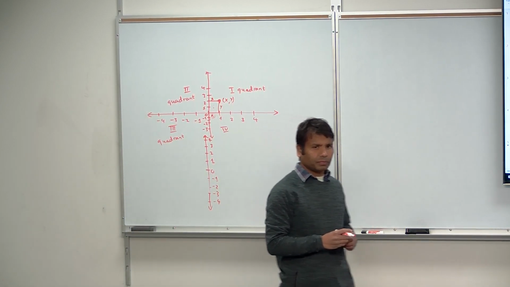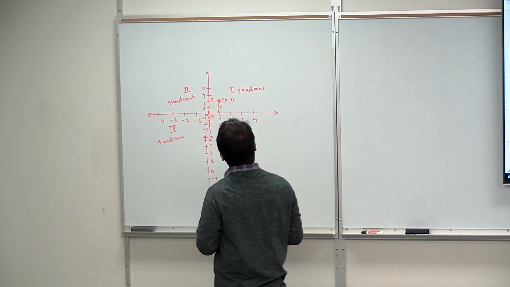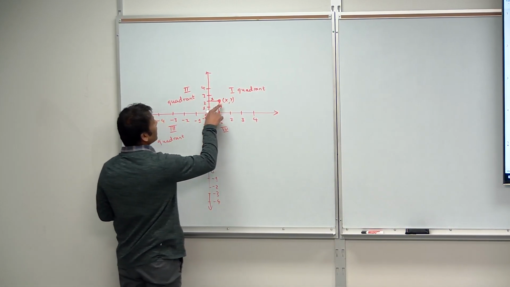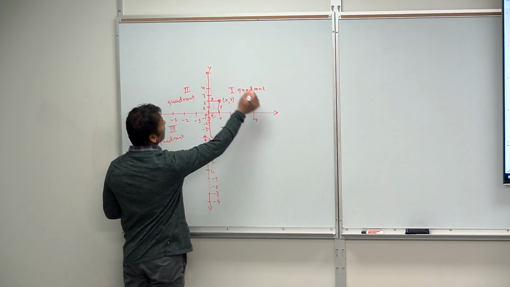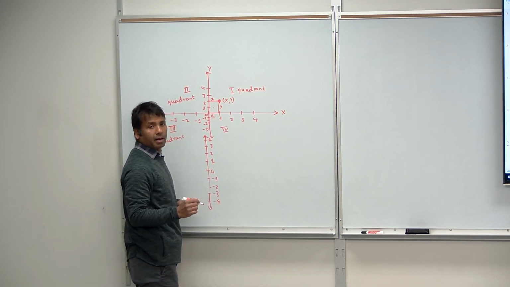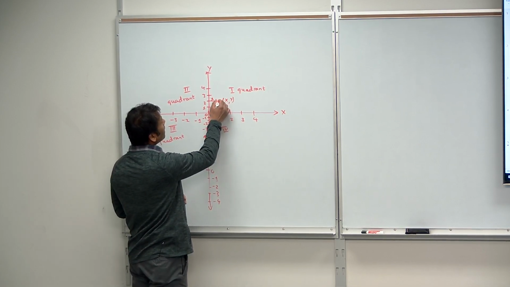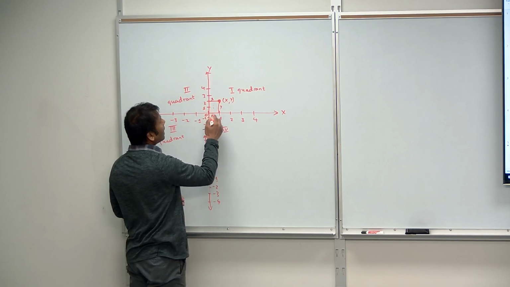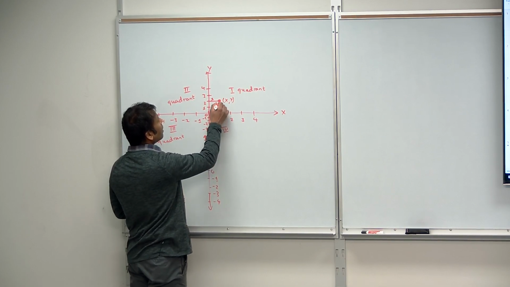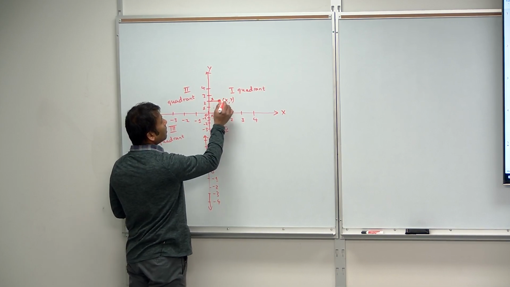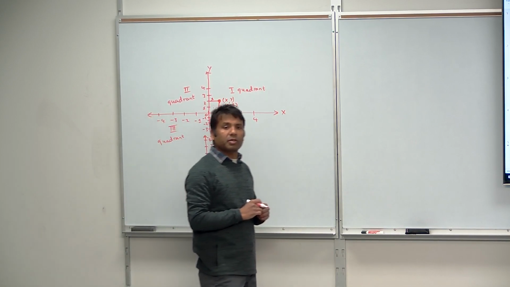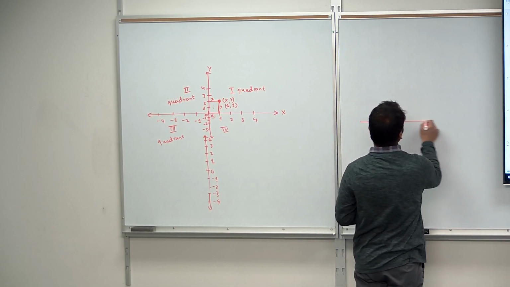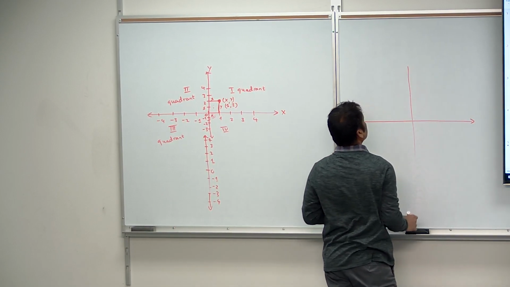That makes sense? Now, in this particular case, you see that this point is at a distance of 1 unit from the y-axis. This is the y-axis. This is the x-axis, right? So this point is at a distance of 1 unit from the y-axis and 2 units from the x-axis. So the coordinate of this point is (1, 2). You see that, right? So look here, this is your x-axis, this is your y-axis.